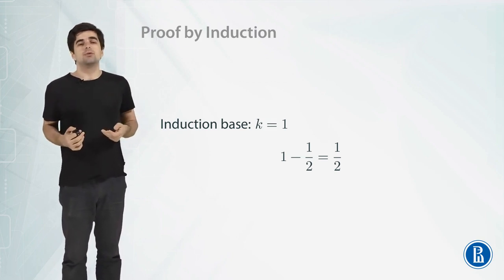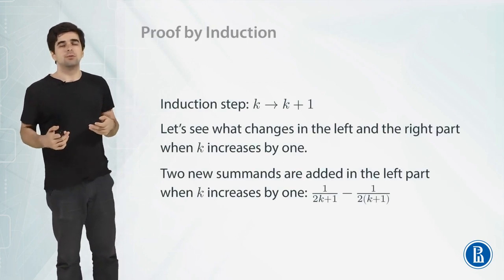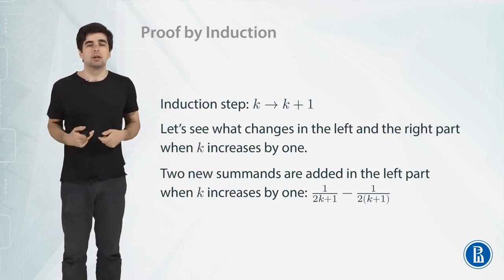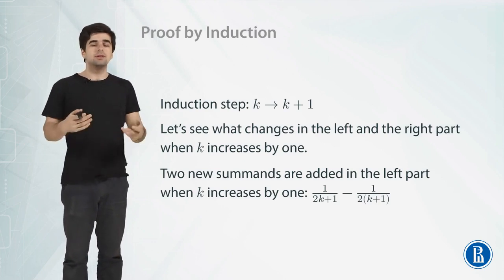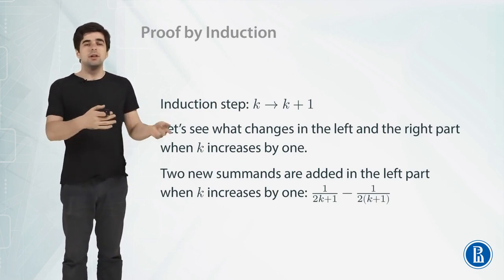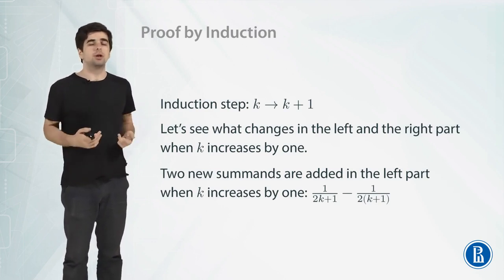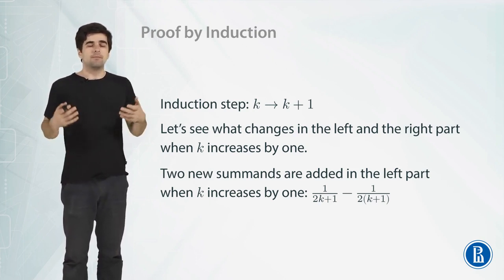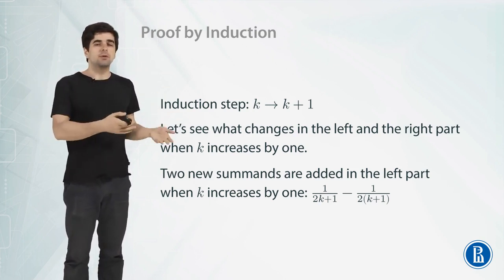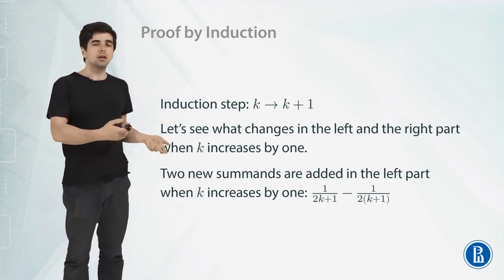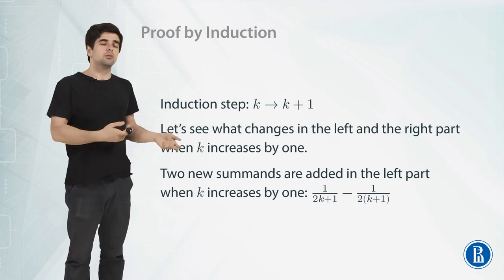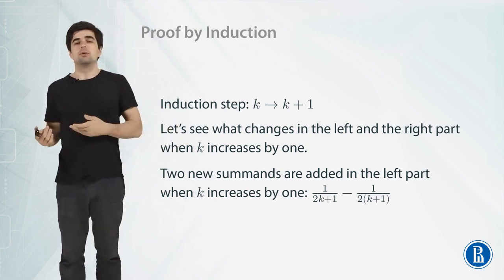And now we want to prove the induction step, to move from k to k plus 1. And to avoid writing really long formulas, let's see what changes in the left and the right part when k increases by 1. So we know that for k, the left part is equal to the right part. And we want to prove that for k plus 1, the left part will also be equal to the right part.